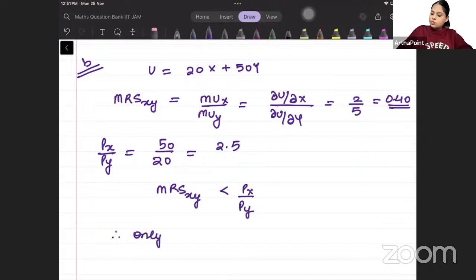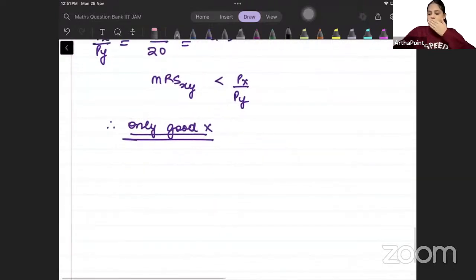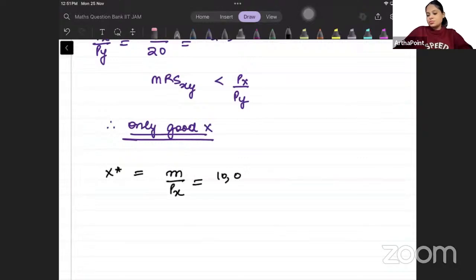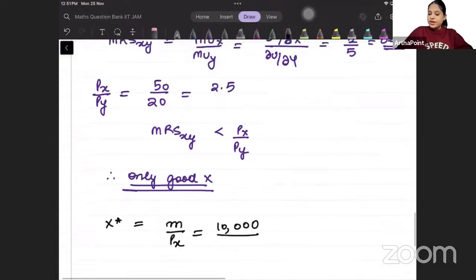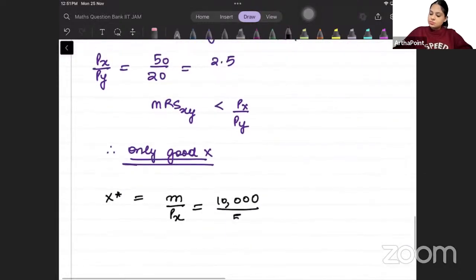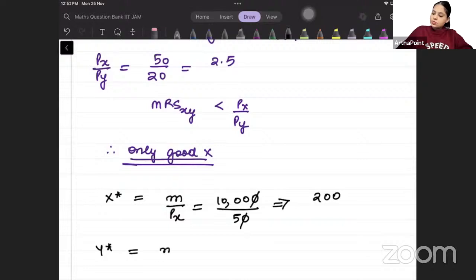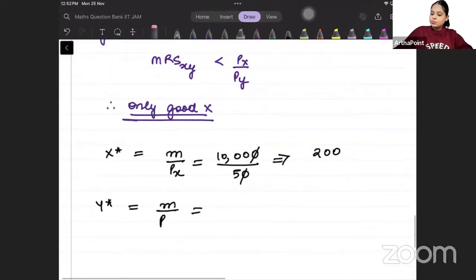Therefore, only good X. So in this case, your X star will be M by PX. Price of good X is 50. And Y star will be M by PY. Sorry, 0.